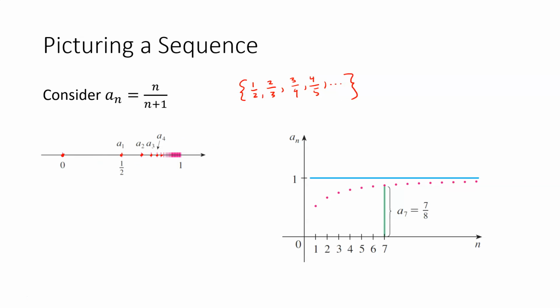And we can see here that a1 would land there at 1/2. a2, which is 2/3, would land there at 2/3 on this number line, somewhere in between 0 and 1. 3/4 would be where a3 lands. 4/5 is where a4 lands, and so on.